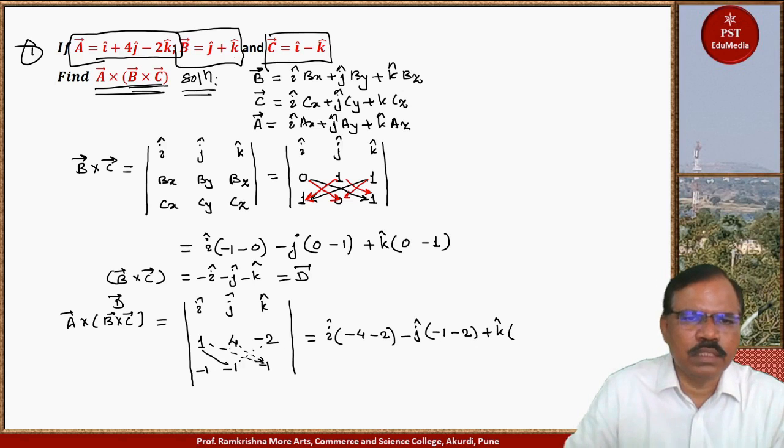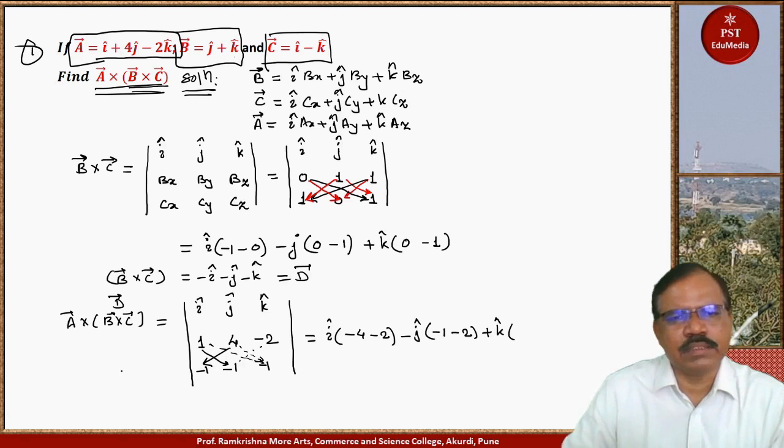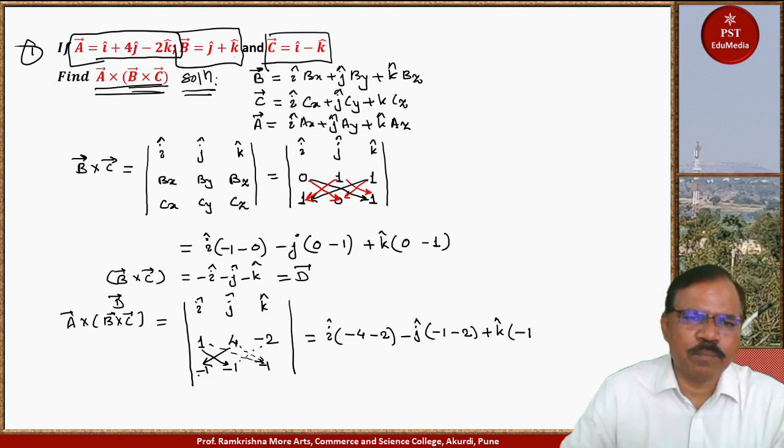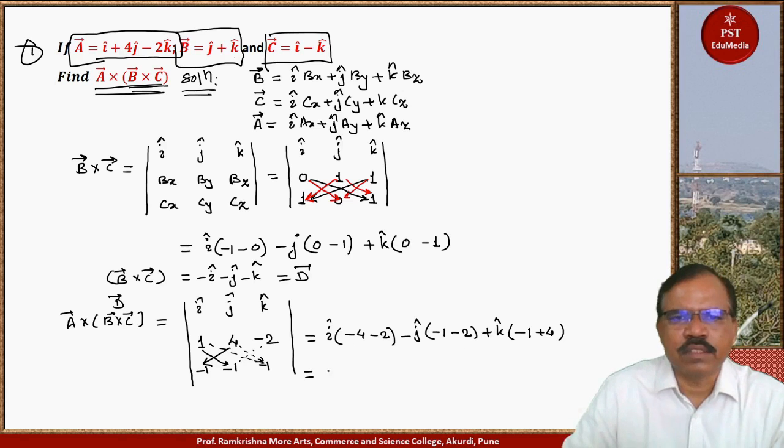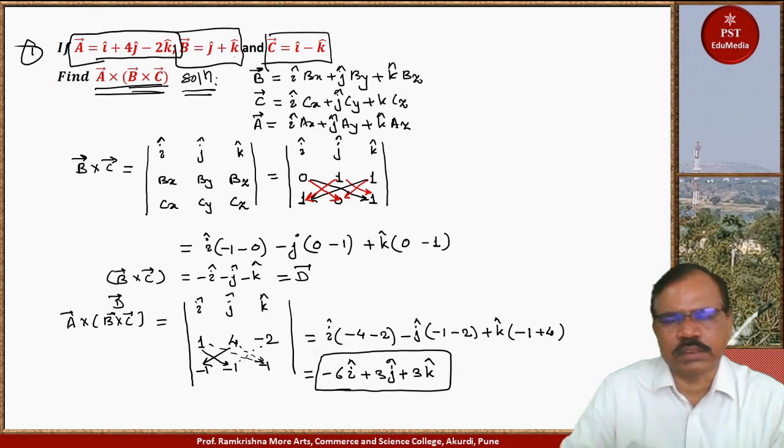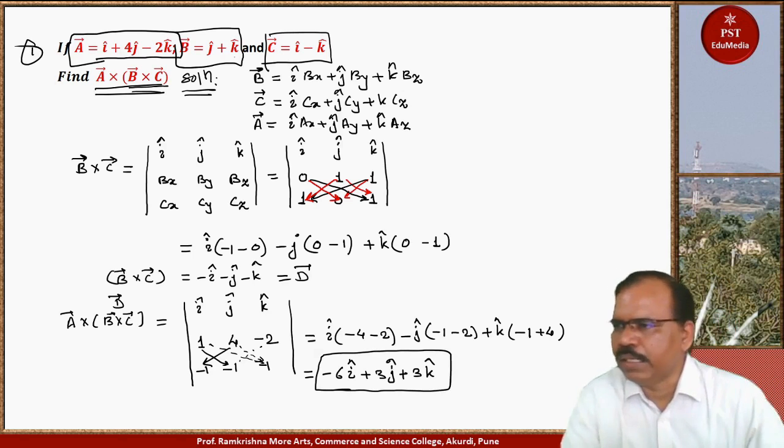Now this product minus this product, so 1 into minus 1, that is minus 1, 4 into minus 1, that is minus 4, so minus minus plus, so plus 4. So we will get this as minus 6I minus 3 and minus, so plus 3j and minus 1 plus 4, that is 3. So plus 3k. So this is A cross B cross C.